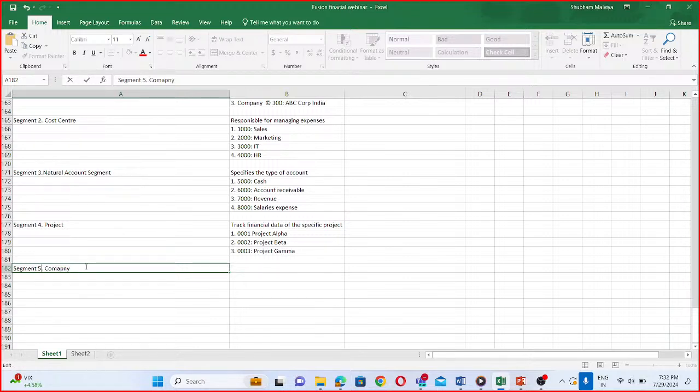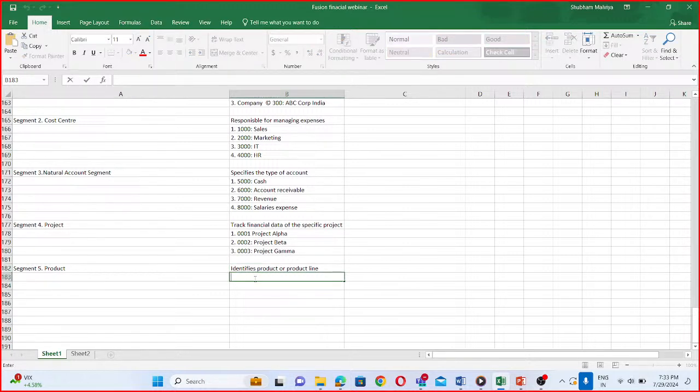Then we have the fifth segment, the product segment. Product basically identifies a product or product line. For example, 002 we have already taken.